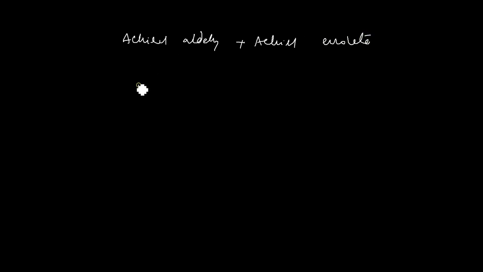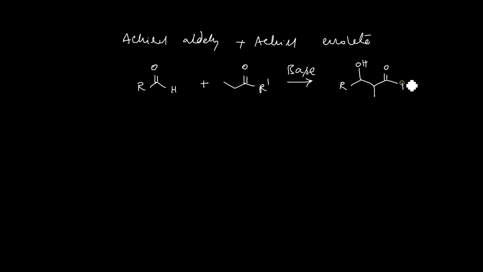For example, consider an aldehyde which doesn't have any chiral center, so an achiral aldehyde, and consider another ketone. This is one substrate, and these two substrates are treated with the base, and you will get a beta hydroxy ketone, which is aldol.